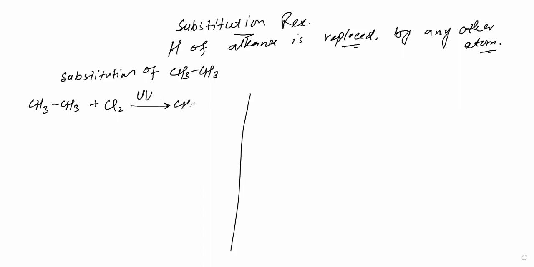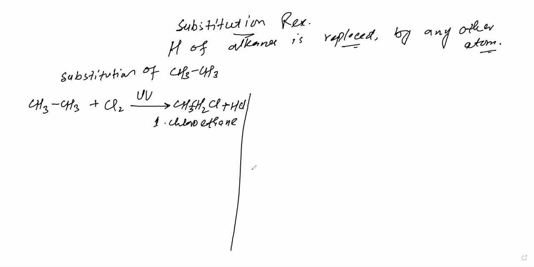So what we get is CH3CH2Cl plus HCl. This becomes chloroethane. This is the overall reaction.